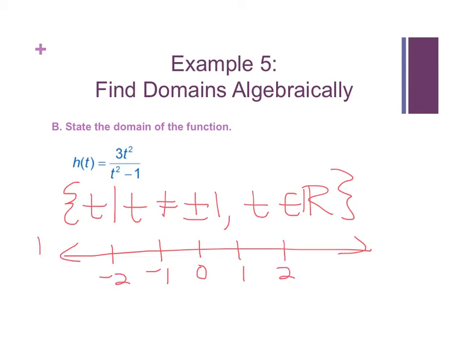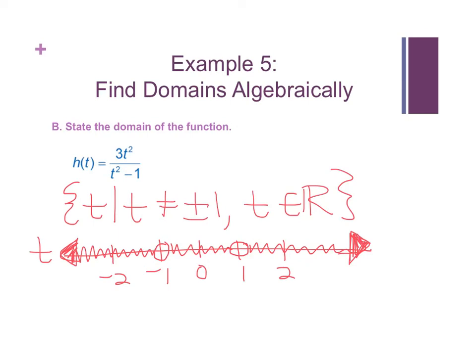Let's call this number line t, because that's the variable they used. I want to only exclude negative 1 and positive 1. So I'm going to put an open hole on negative 1 and an open hole on positive 1, and then I can shade the entire line because every other number is an element of our domain.